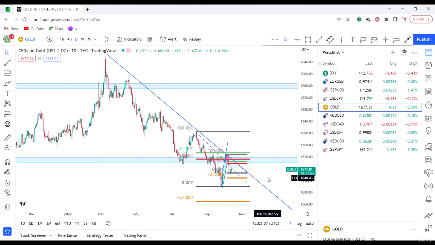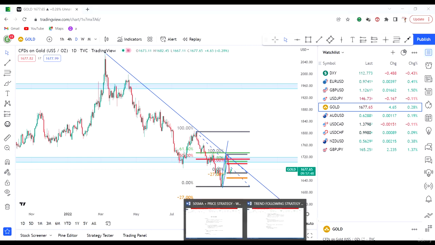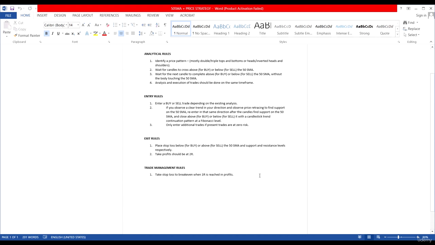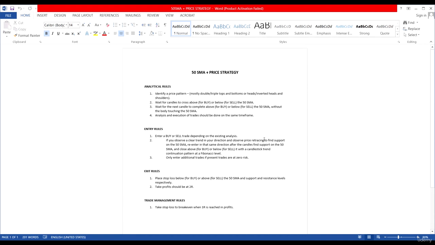Okay, now I have the first one, which is a moving average strategy. So I'm just going to open it here. Now this is the file for the strategy. Remember, we spoke about the rules for the strategy. Okay, your strategy should have analytical rules, should have entry rules, should have exit rules, it should have trade management rules. So I've just made an example with this strategy. Okay, so this file will be made available to you.